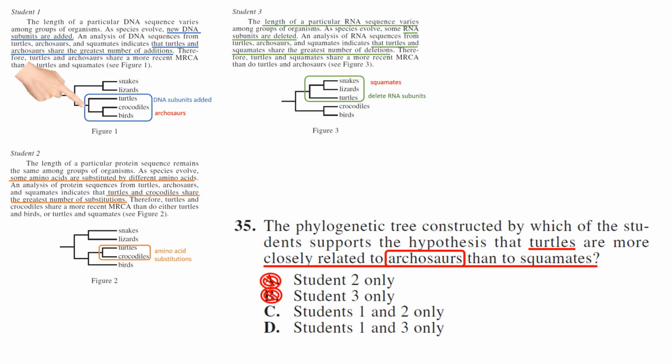So we're going to go ahead and eliminate choice A and B. And we know that it's not student 3, right? Student 3 is more closely related to squamates. Student 2 is more closely related to crocodiles, not birds, but crocodiles are still archosaurs. So the answer would be students 1 and 2, C.